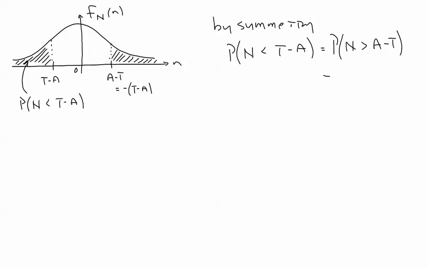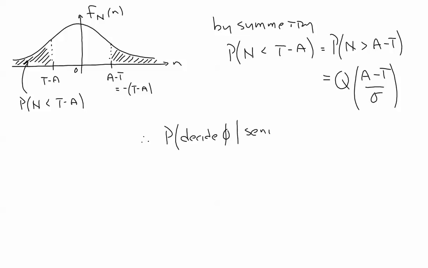And this equals, from the review just a minute ago, Q, because I'm zero mean, of A minus T over sigma. All right? So there's that. The probability that we decide 0, given that we sent a 1, equals Q of A minus T over sigma.